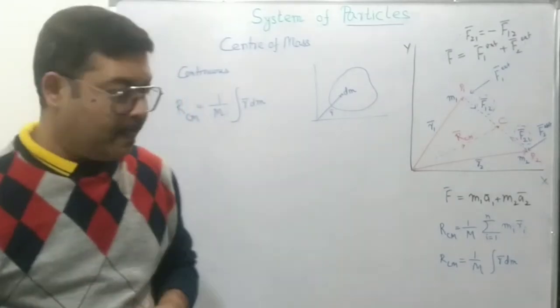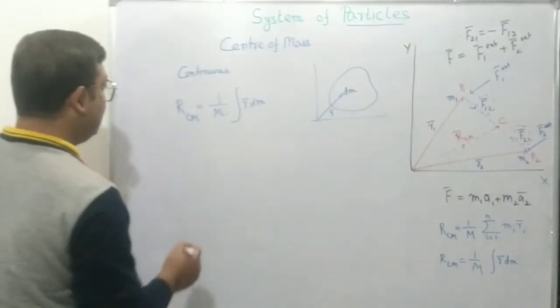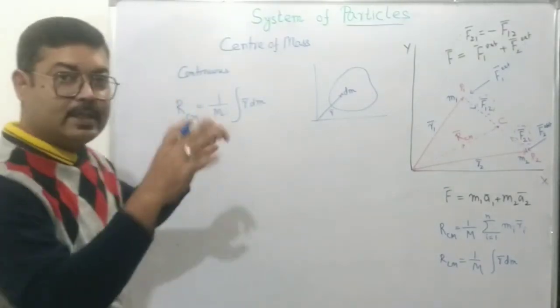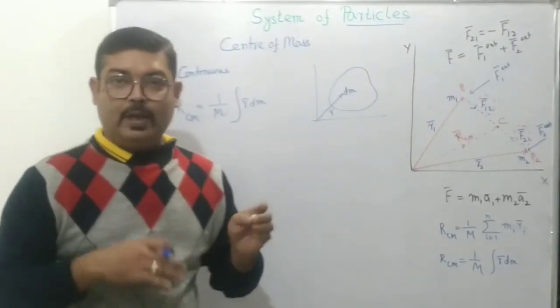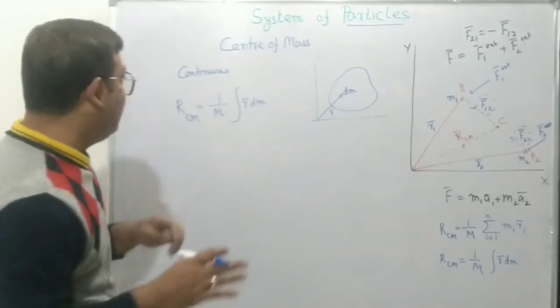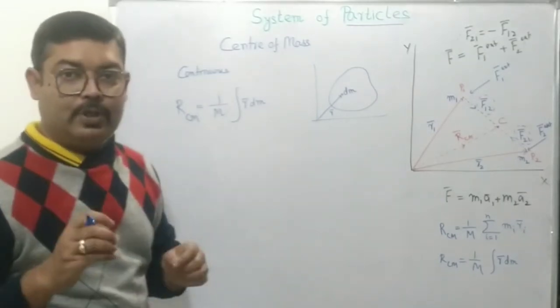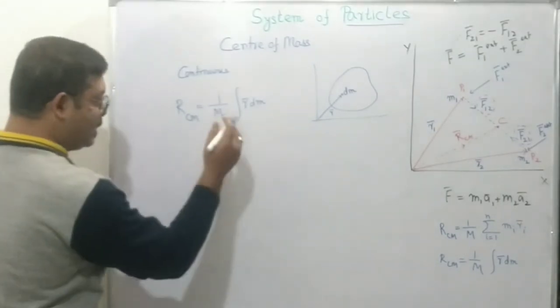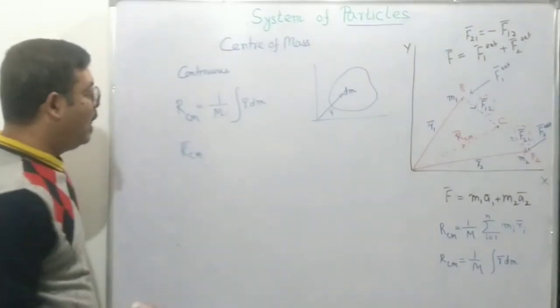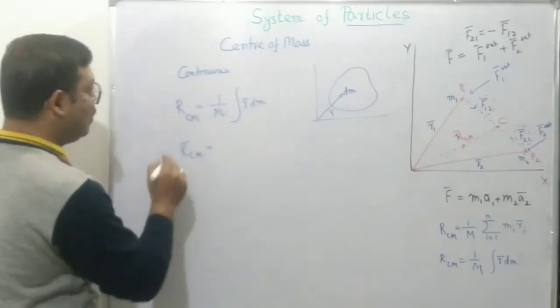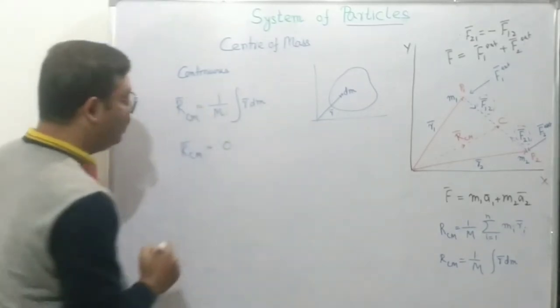Okay, now in this case, if we choose the coordinate system, see, coordinate system is our tool, so we can always choose the coordinate system, and let's say we have chosen such a coordinate system where R_CM, the position vector for the center of mass, turns out to be 0, or at the origin.